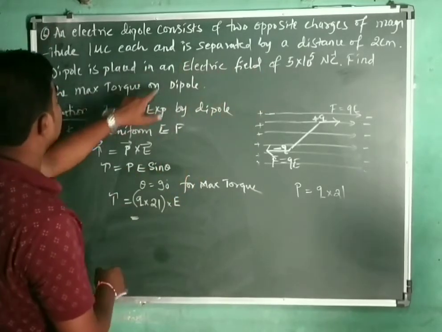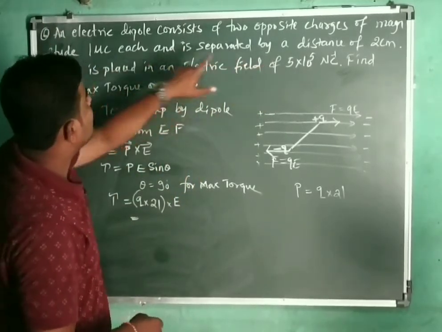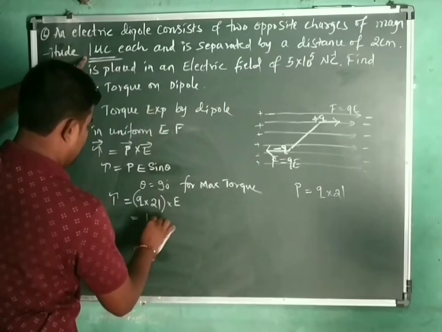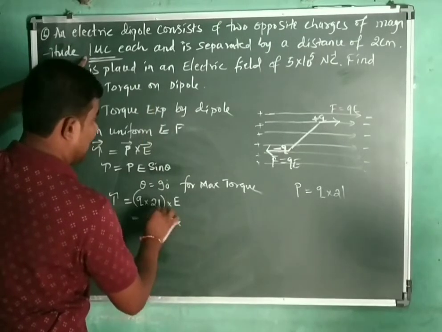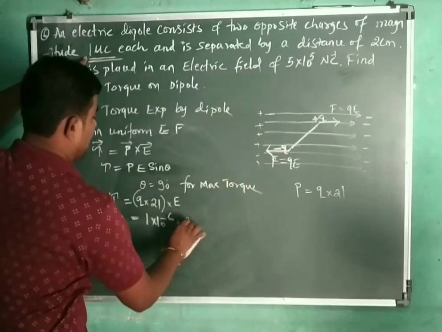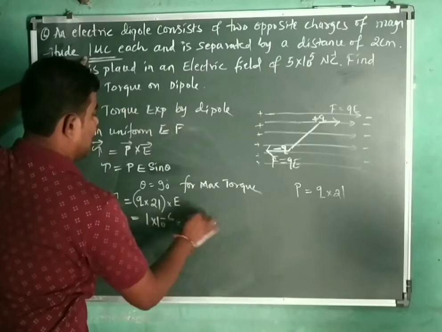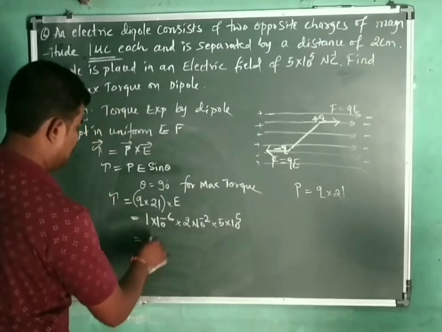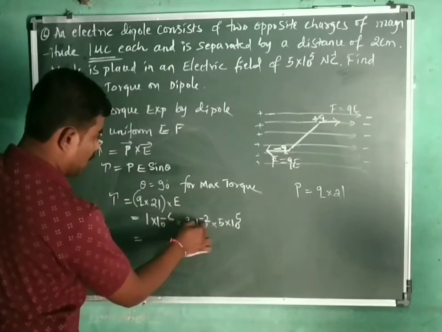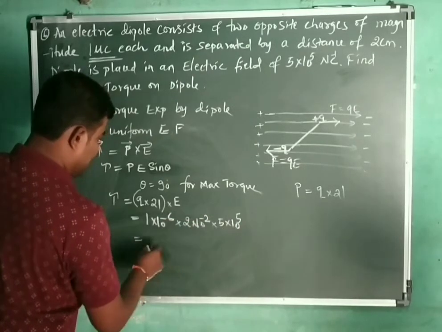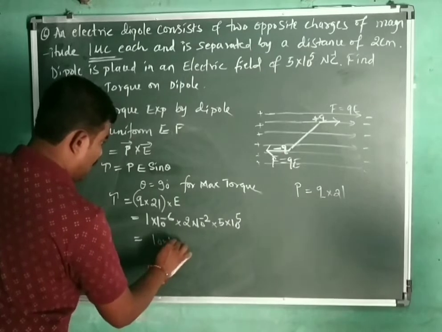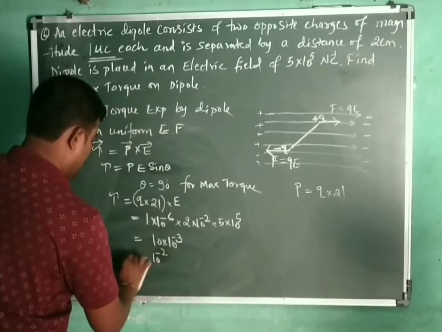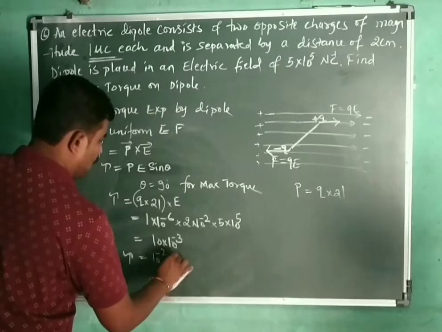How much is this? This is 2 centimeter. The electric dipole consists of charges 1 microcoulomb, okay, so it is 1 into 10 to the power minus 6, and 2L, distance between these two, is how much? 2 centimeter, so it is 2 into 10 to the power minus 2, and the electric field is also given, it is 5 into 10 to the power 5, okay, so it is 10 to the power minus 6, 10 to the power minus 2, 10 to the power minus 8, and it is 10 to the power 3, so 10 into 10 to the power minus 3, or 10 to the power minus 2, so it is Newton meter.